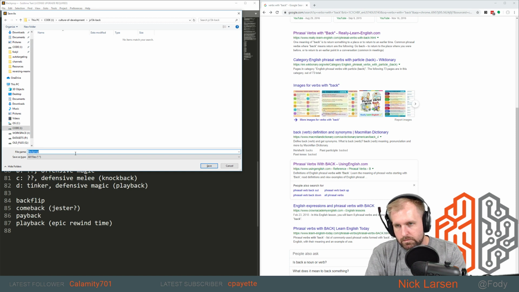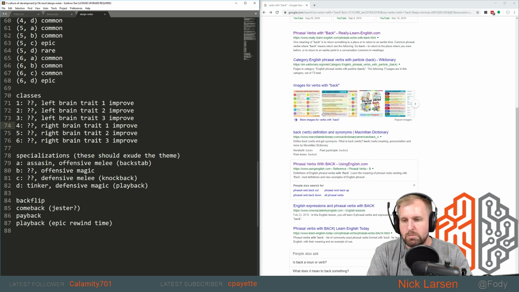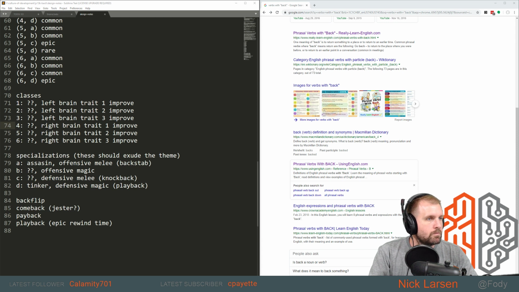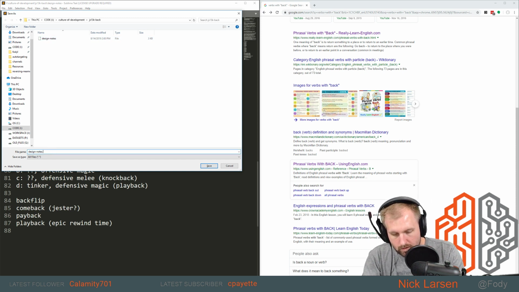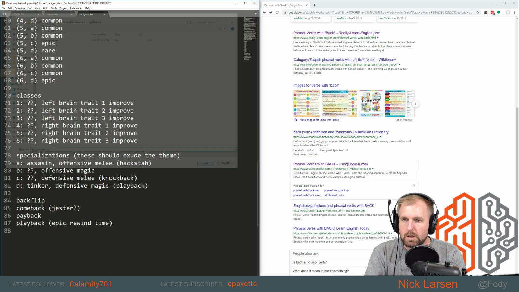Okay. Design notes. I probably just saved a file without an extension. Code, culture of development. Control Shift S. Design notes dot... I guess we'll just make it a markdown file.